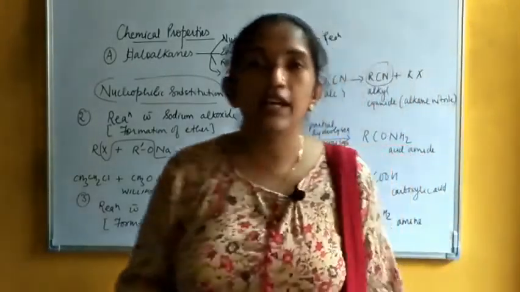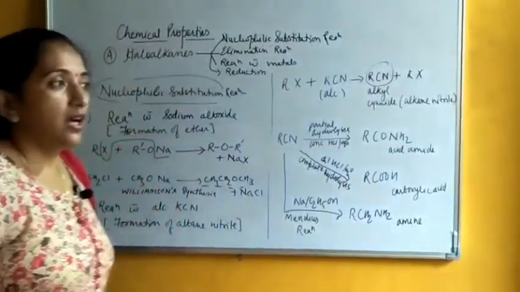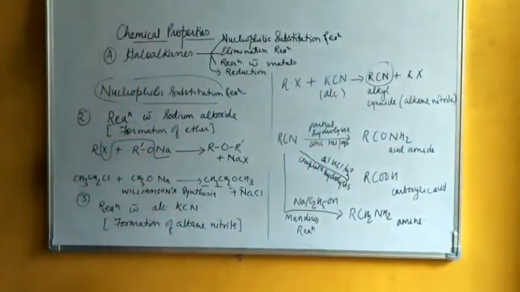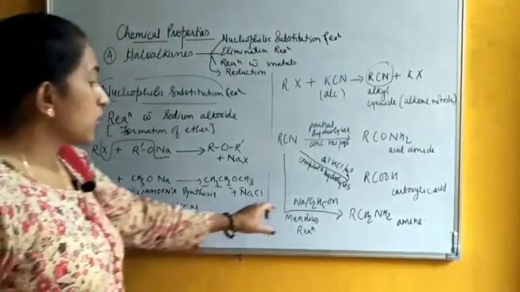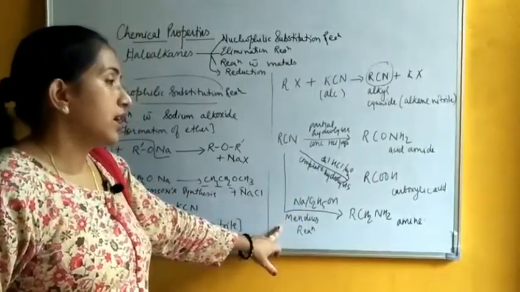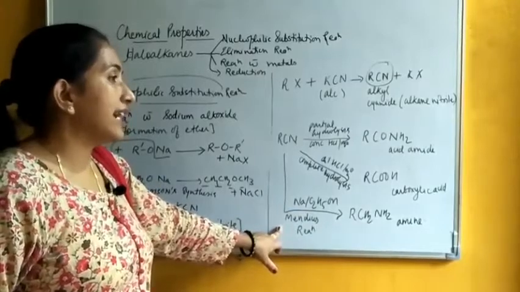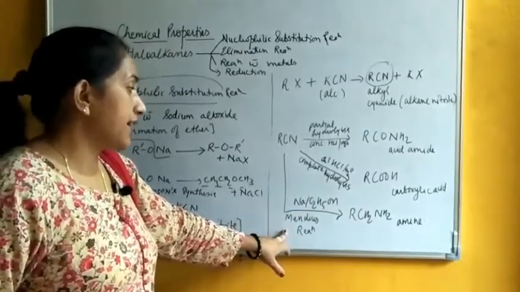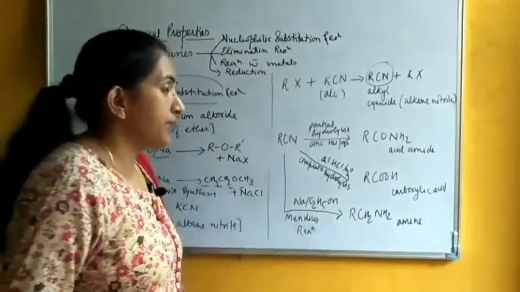So the alkyl cyanide which has been formed is used to form a large number of different organic compounds. The reduction can be carried out either with sodium dissolved in ethanol, or with hydrogen; it is a catalytic reduction, and we get an amine.